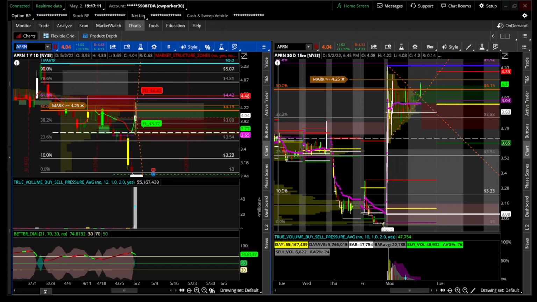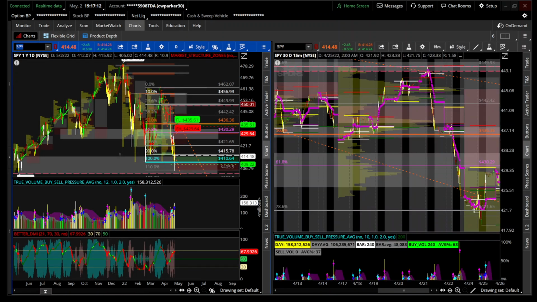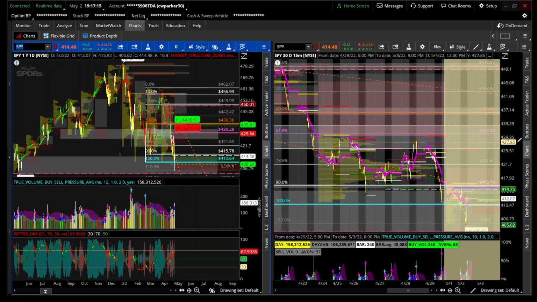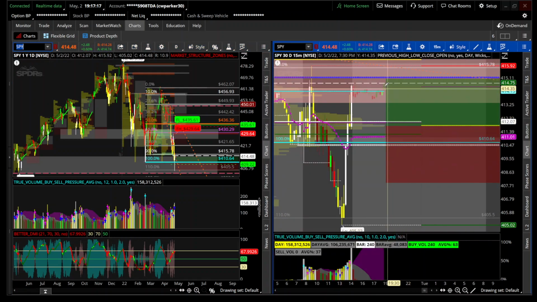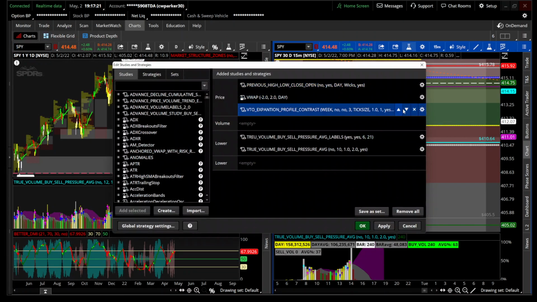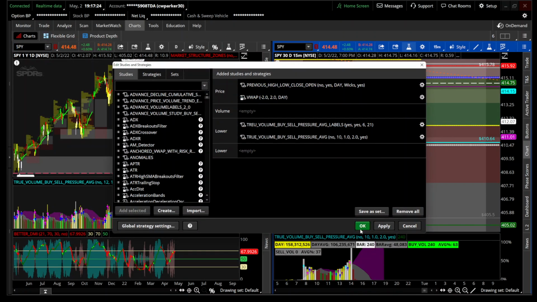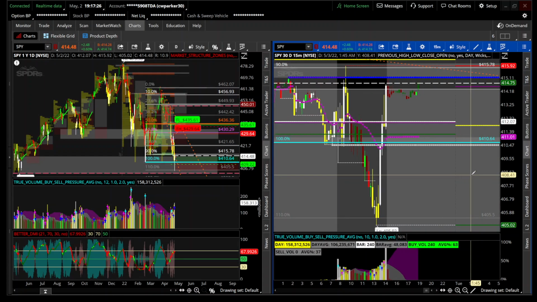But we can go back to the SPY. And we can look at it after hours. It just pushed up. And I'm going to get rid of the VTL. And it really was grayed out like that because of this huge demand zone I have right here.